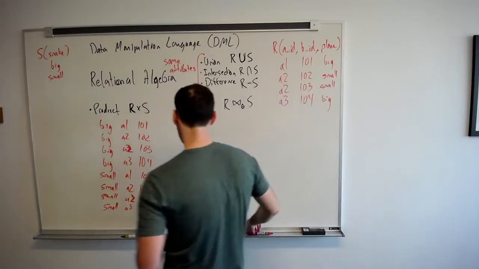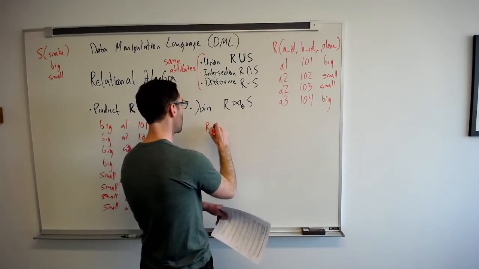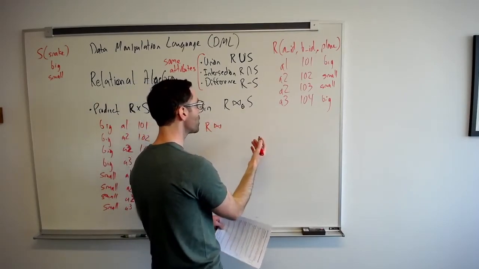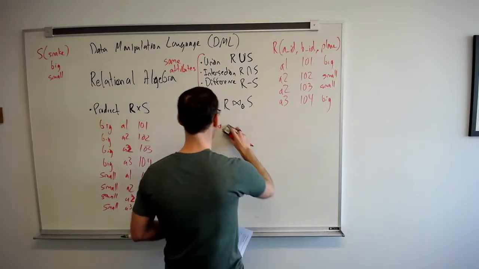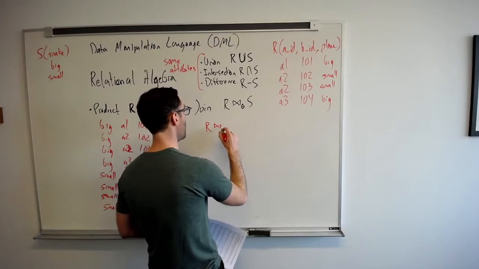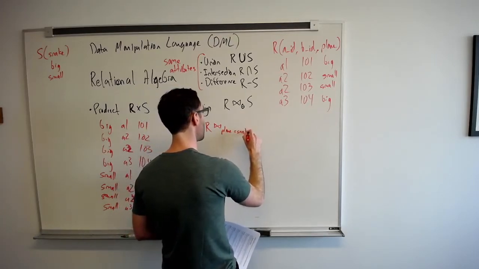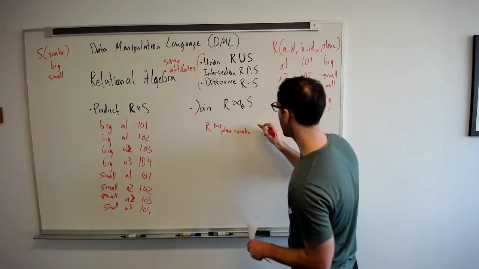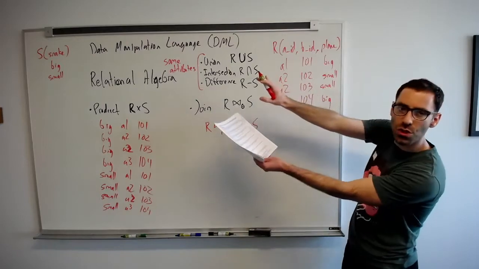Then we might write R join S, where I guess we'd say the first being plane equals snake S, and so this is joining the two together.